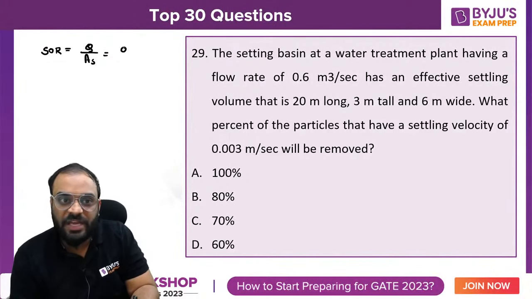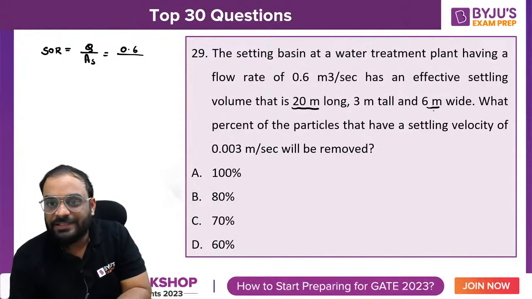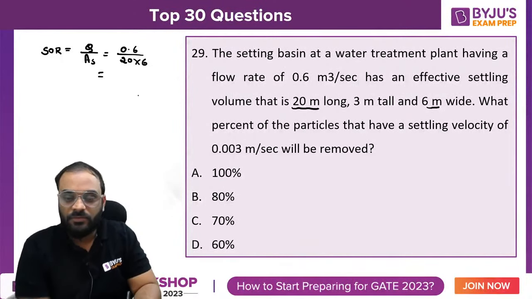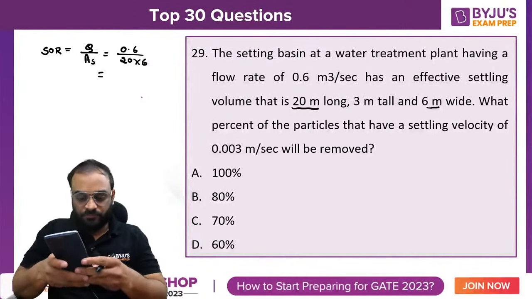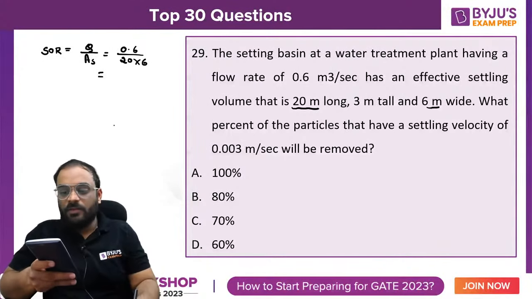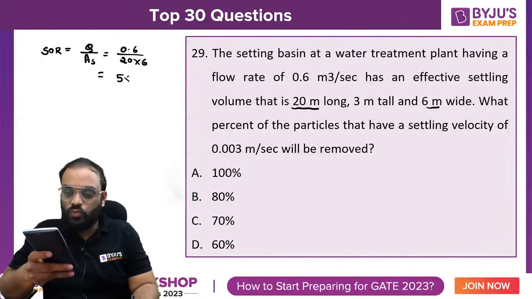So how much discharge do we have? 0.6. What is the surface area? 20 meter long and 6 meter wide. So 20 into 6. We are getting a value of 5 into 10 raised to power minus 3 meter per second.